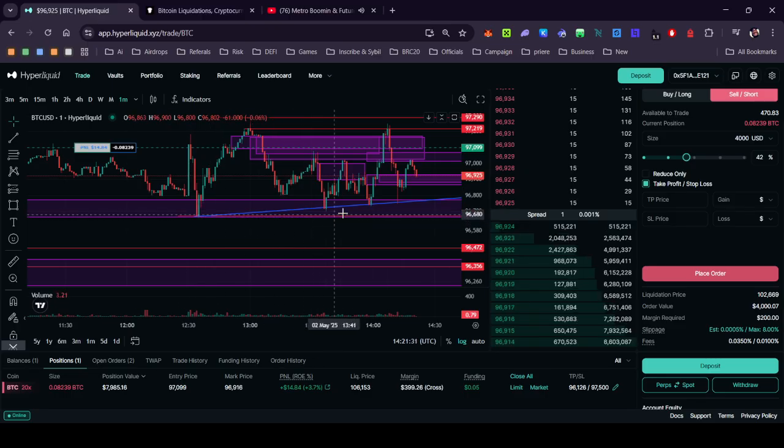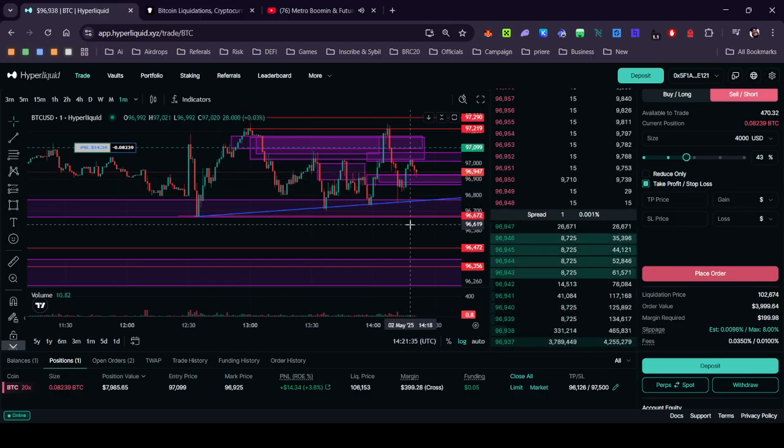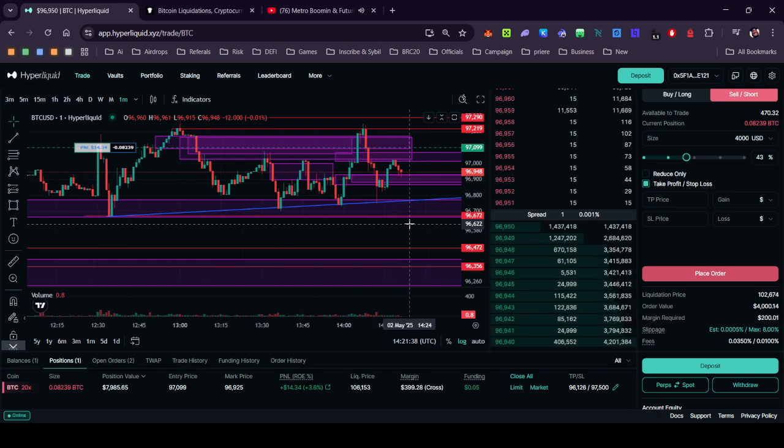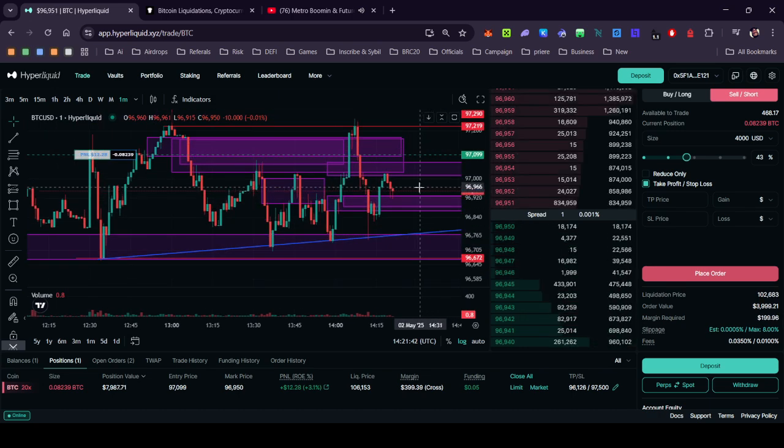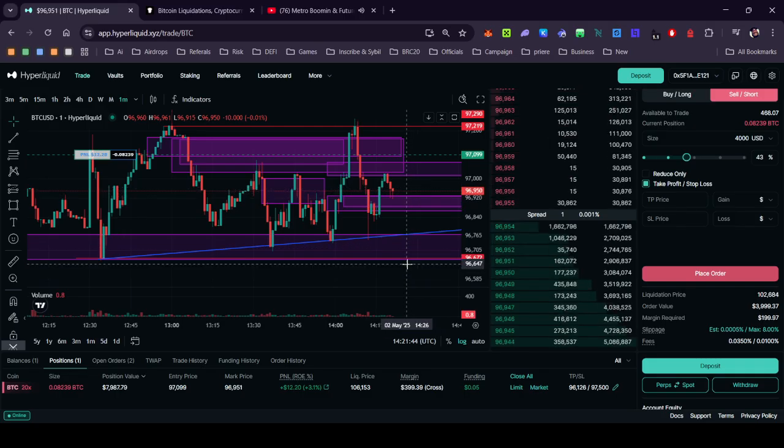Trend line liquidity. Anything below this will be a take profit for bears. And market maker will not allow this to happen.